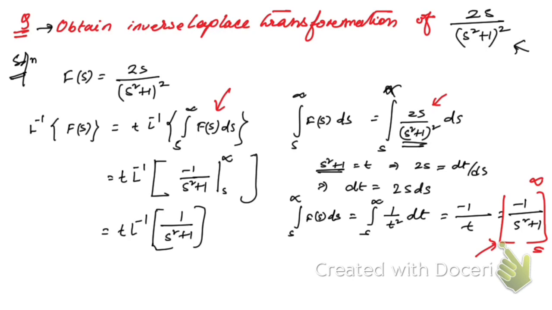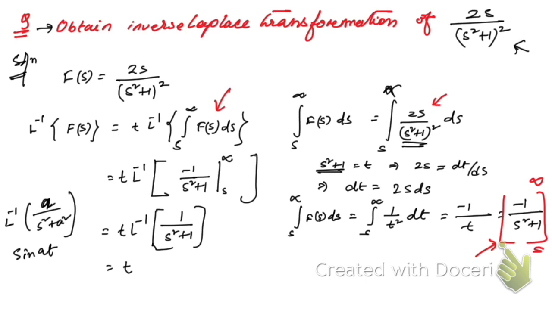Now you see, inverse Laplace transformation of 1 by, right? Instead of 1 by, it will be better if I write a by s square plus a square, then that is equal to sine at, right?